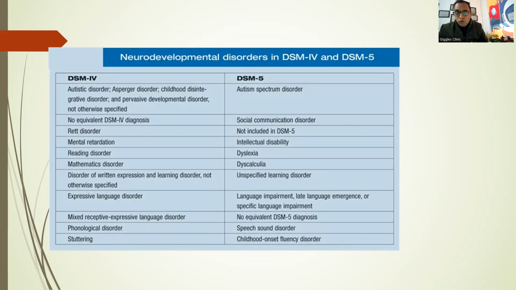And stuttering, the old term, has now been replaced by childhood onset fluency disorder. So this is for our knowledge, whenever we come across such children and feel that these are some of the possibilities. On a prescription, at least we are familiar with these new DSM-5 terms. So rather than writing phonological, we might write speech sound disorder or SCD, whatever we feel.